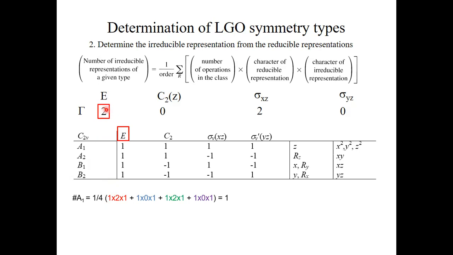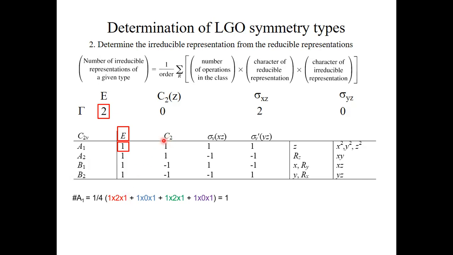And then last but not least, we need to multiply this with the character of the irreducible representation. So that's now the character in the irreducible representation A1 underneath E. So this is this one here, and this is that one here. So now we have our first product, 1 times 2 times 1. So now we still have to find the other 3 products.